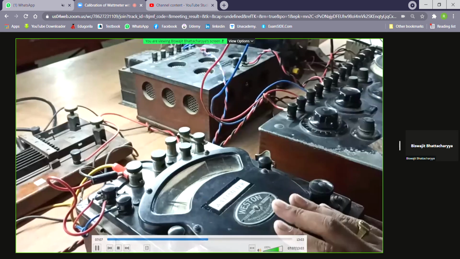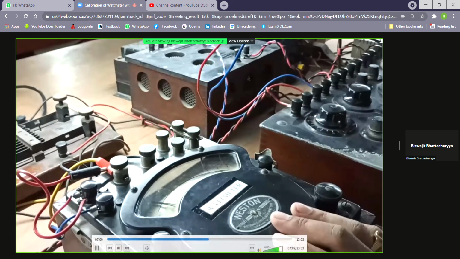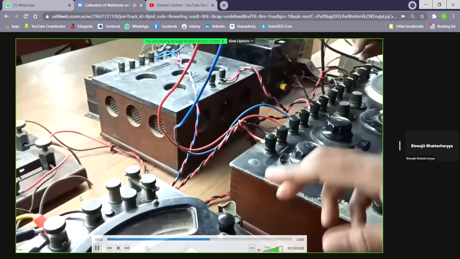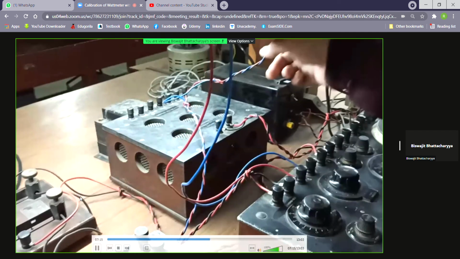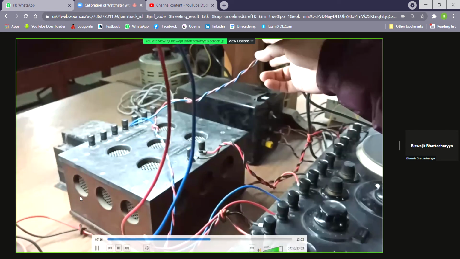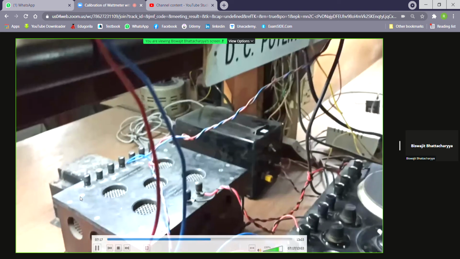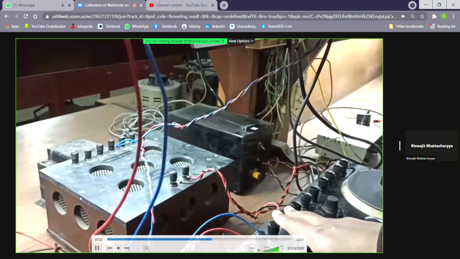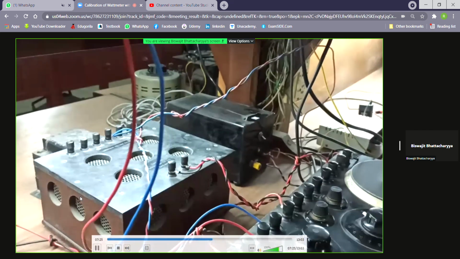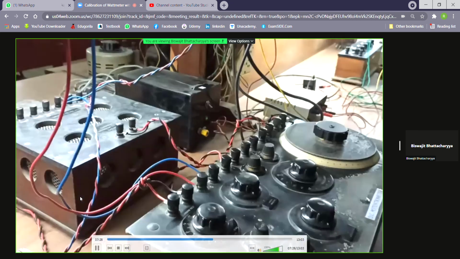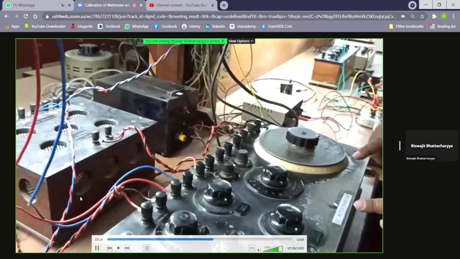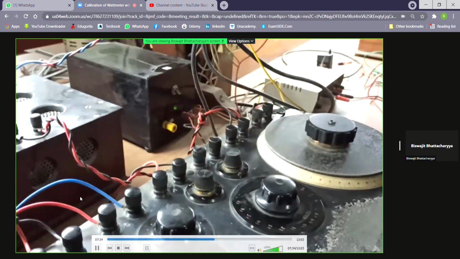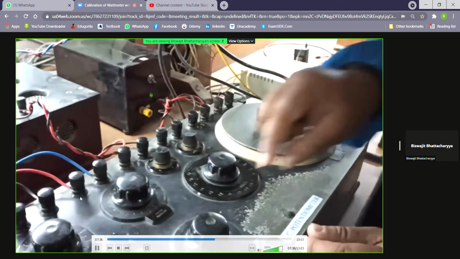For this part, we will calibrate the potential coil. As you know, the potential coil is charged with this 100 volt, and through this volt ratio box we are getting approximately 1 volt in terminal 1. So we will change the selector switch to terminal 1, and you can see this potentiometer is in test mode.